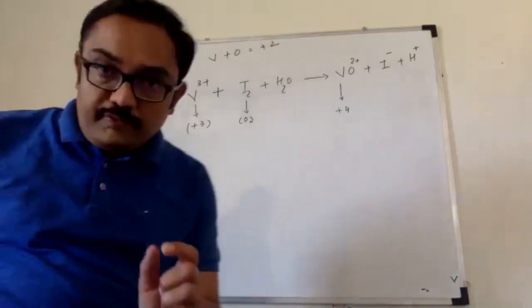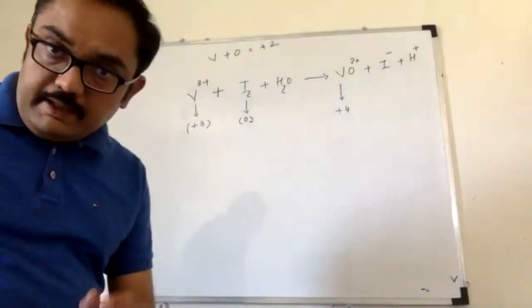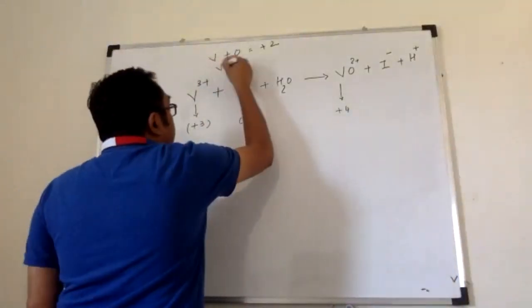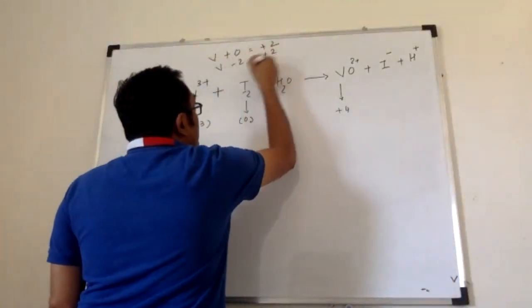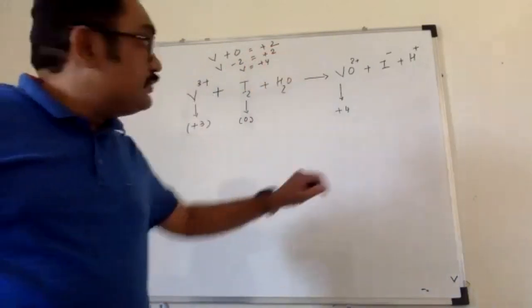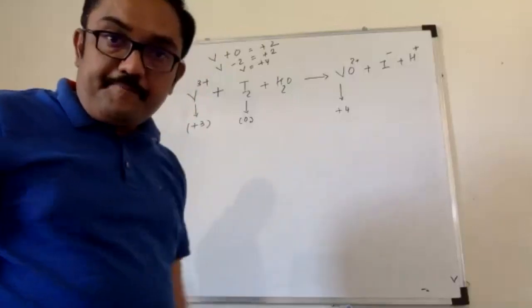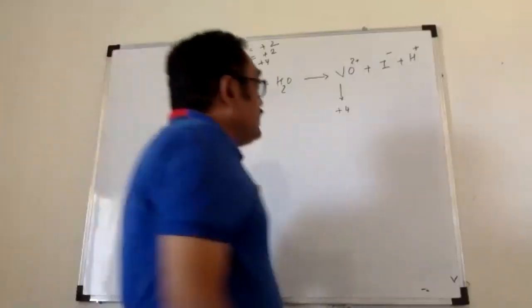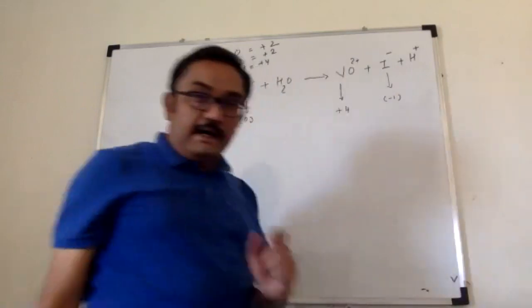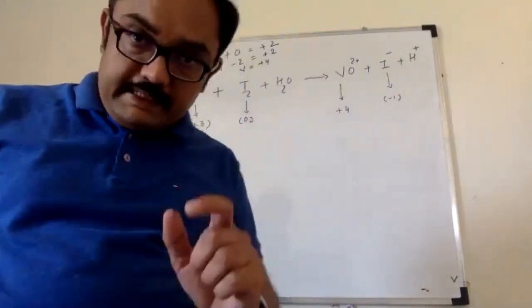I'm using the rule that oxygen's common oxidation state is minus 2. So V minus 2 is equal to plus 2, so V is plus 4. Iodine is minus 1. So I have labeled the atoms that change.